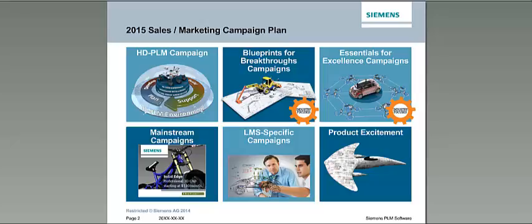The blueprints are industry focused as well. LMS right now is not industry focused in the way we do that with Essentials for Excellence. They're getting there because now they're fully integrated. Mainstream leads more with the product due to the nature of the business.